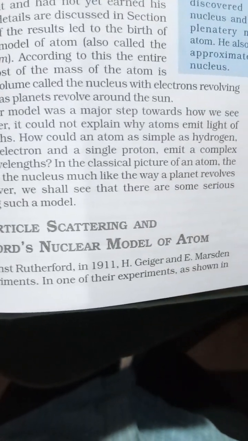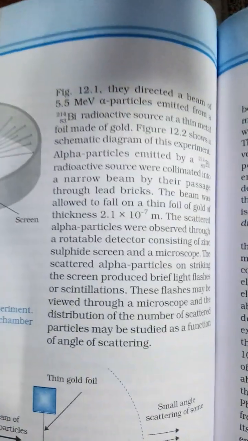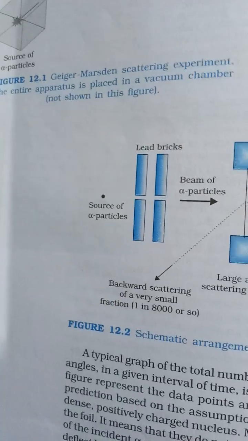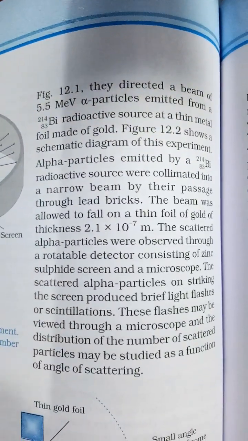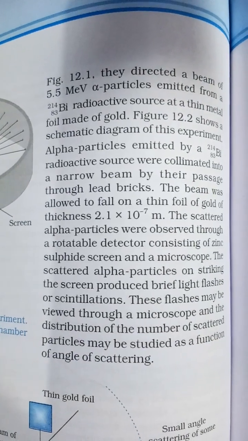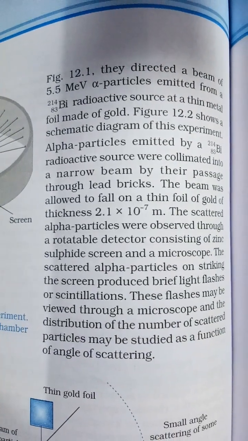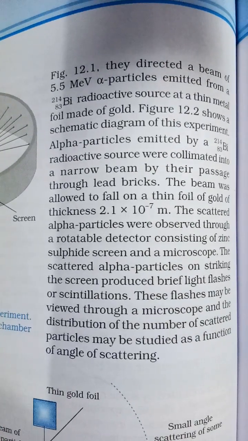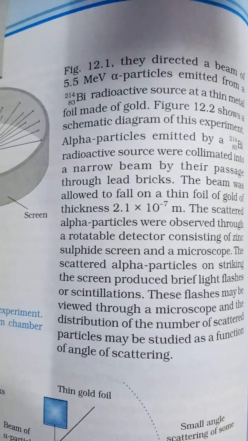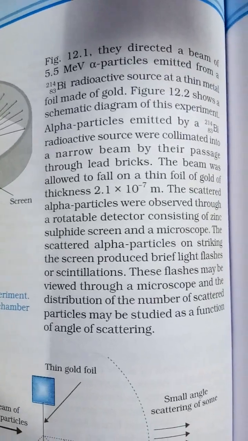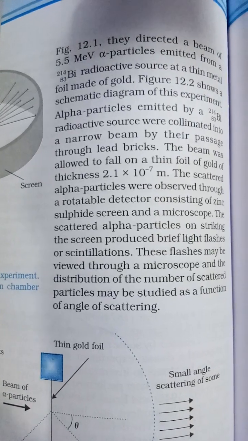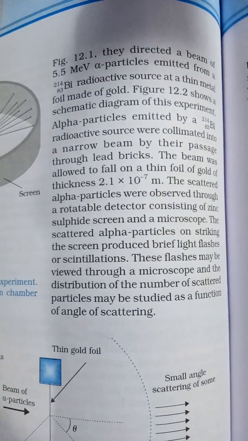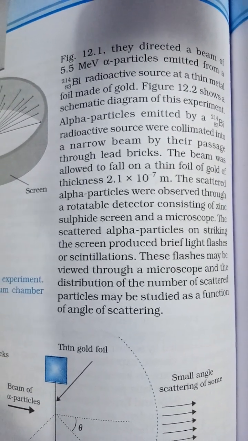In one of their experiments, as shown in figure 12.1, here are 12.1 and 12.2, they directed a beam of 5.5 MeV alpha particles, emitted from a 83-214 Bi radioactive source, at a thin metal foil made of gold. Figure 12.2 shows a schematic diagram of this experiment.